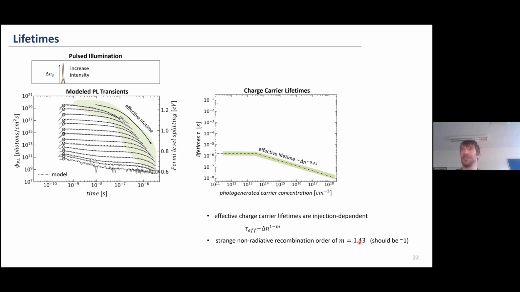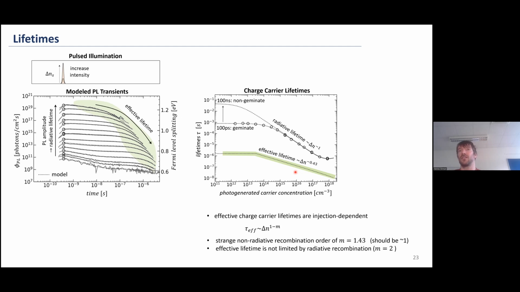Usually non-radiative recombination is order 1, radiative recombination is 2, and Auger recombination is 3. So this is something in between, and the non-radiative recombination here seems strange. I don't know exactly what it is.